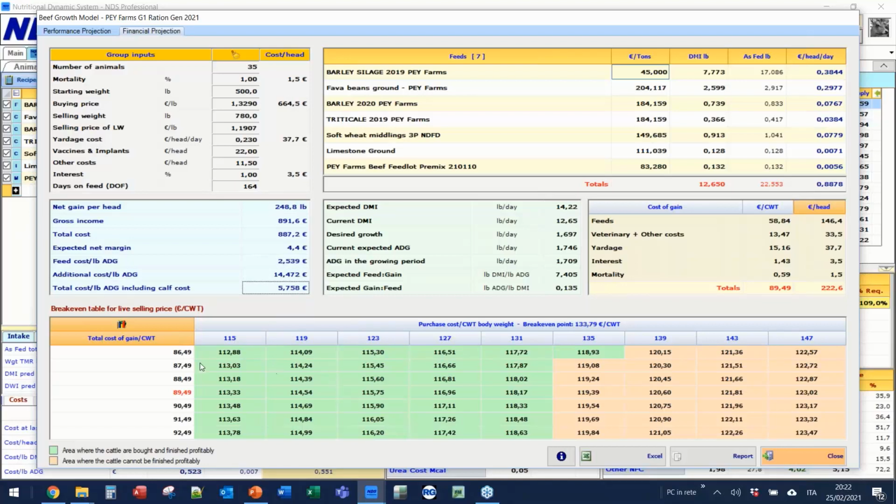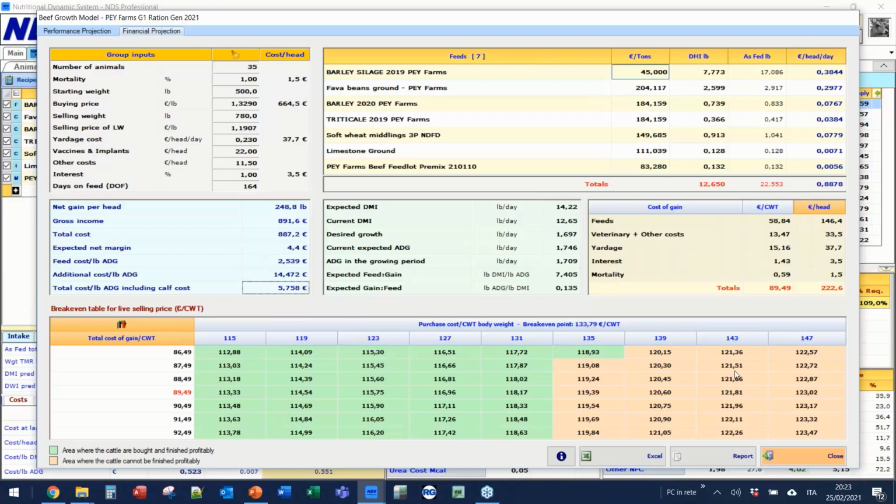And at the bottom, we have an evaluation about the break-even for live selling price, and we have an idea about having this overall cost, an idea about the maximum cost that we can have in buying new young beef, to maintain this level of profitability.